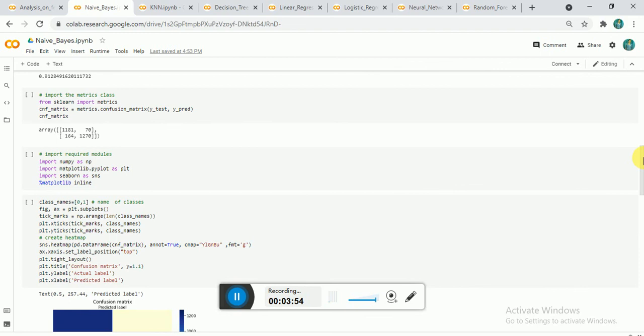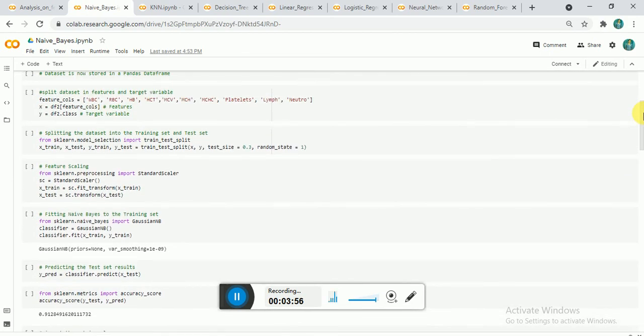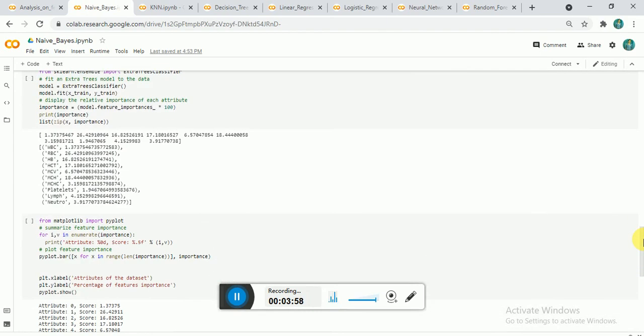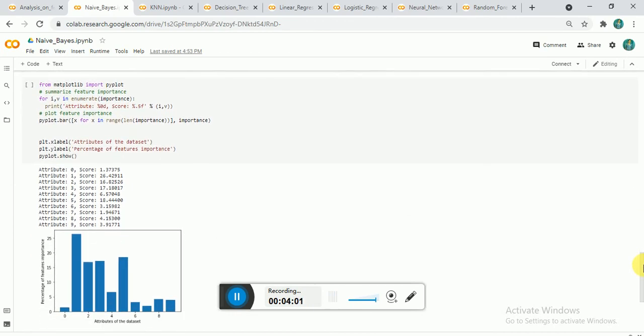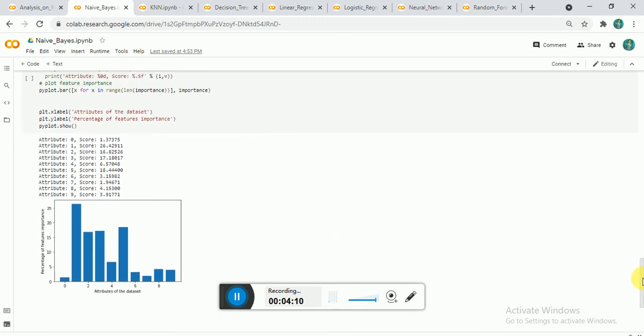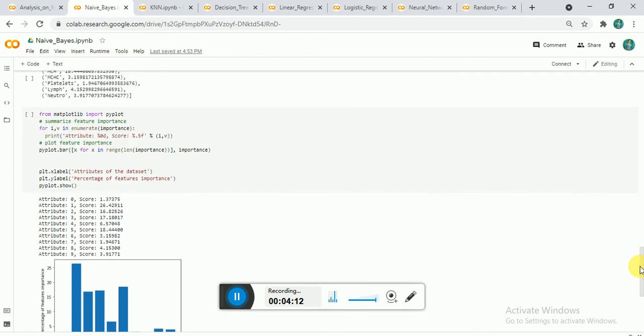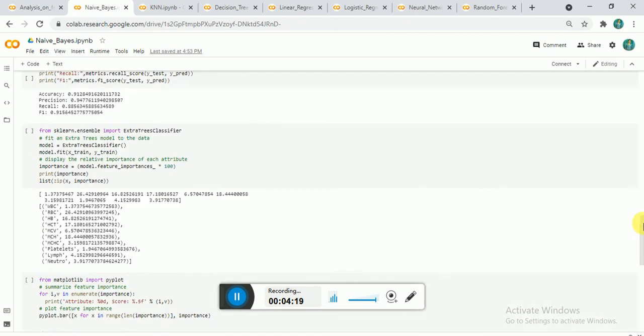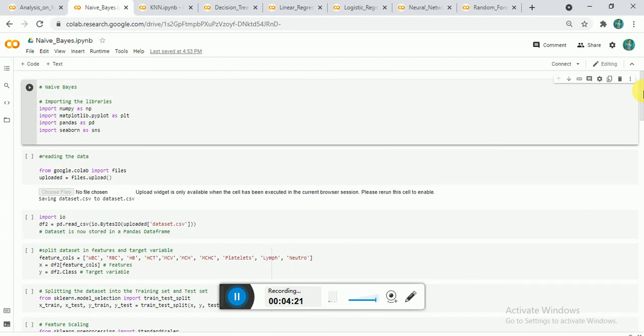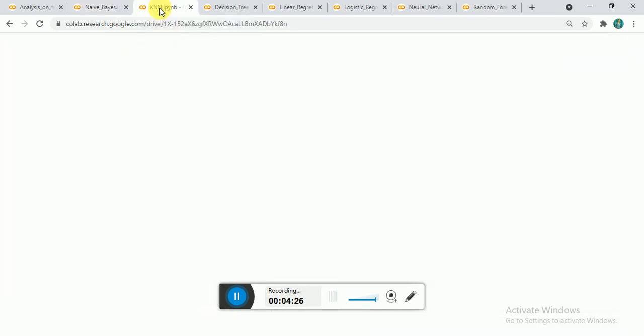First, I used all attributes, and second, I used a few attributes. I calculated the feature importance of all attributes and selected a few of them. So the prediction with the few attributes increases as compared to all attributes. This is the coding of the naive-Bayes classifier in Python.